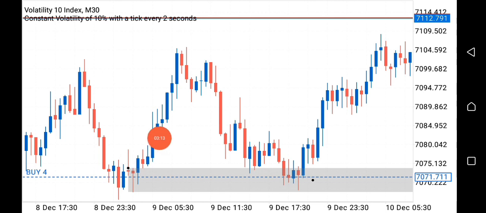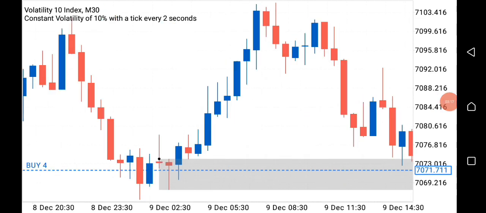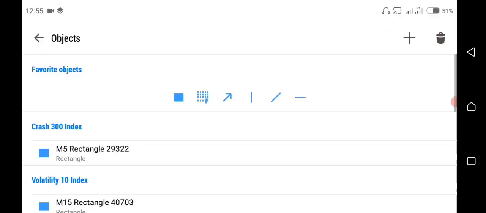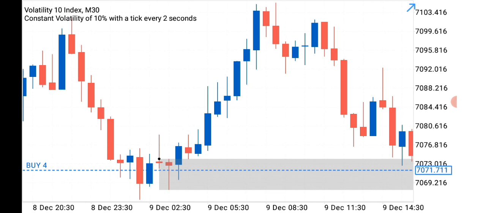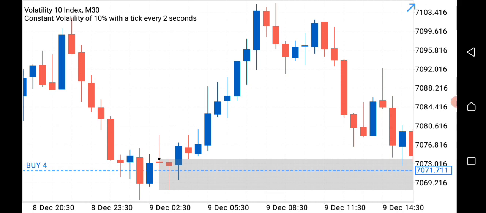So what is an imbalance? If you look at this now, this candle here, this blue one, focus on these three candles. This one first, second and third. First of all, the first blue candle, see the wick.